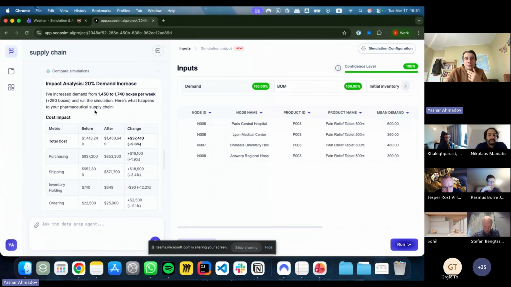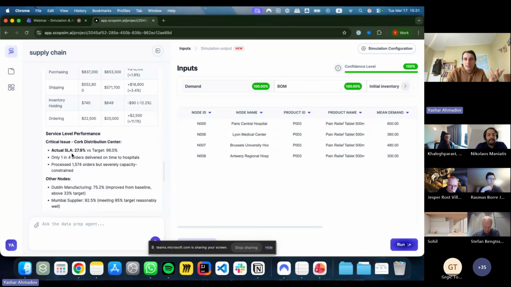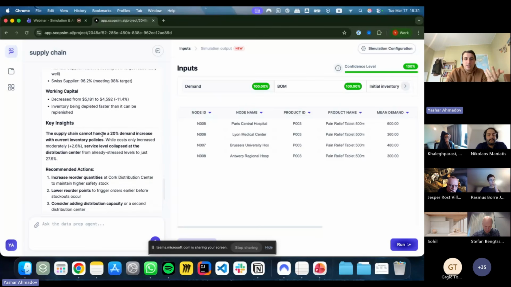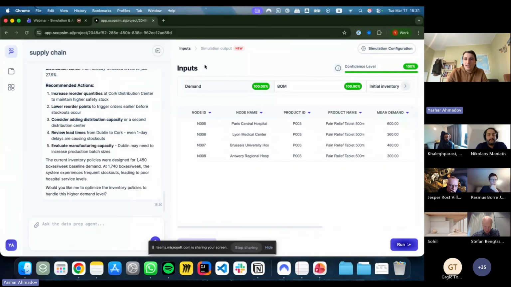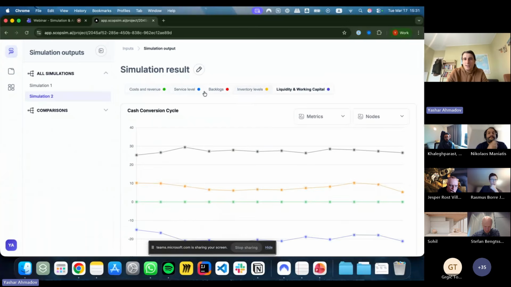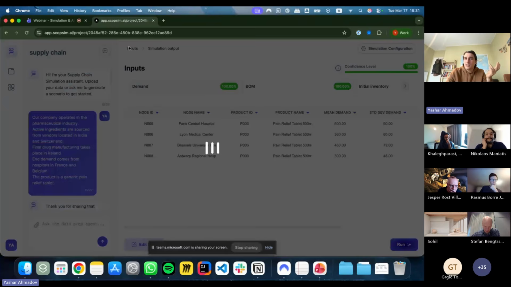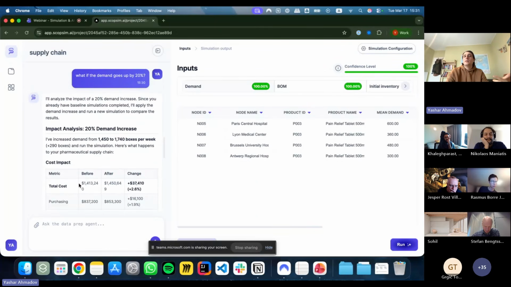So it gives you the story. If demand increases by 20%, your total goes up by this much, with the impact on different service levels, working capital, key insights, and some recommended actions. If you still want to see all these output files, you still can, but it is converting this scenario into actionable insights that you can take.